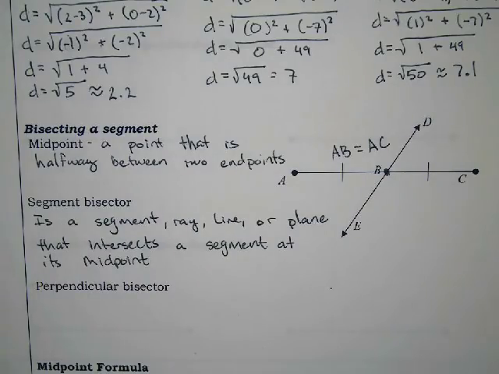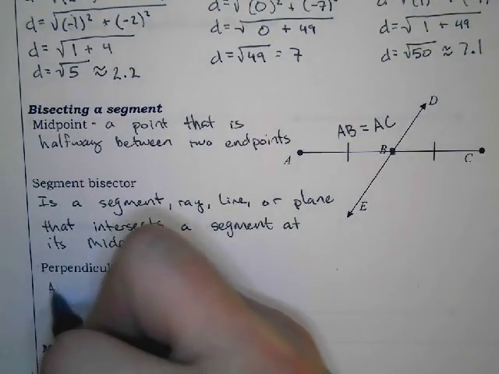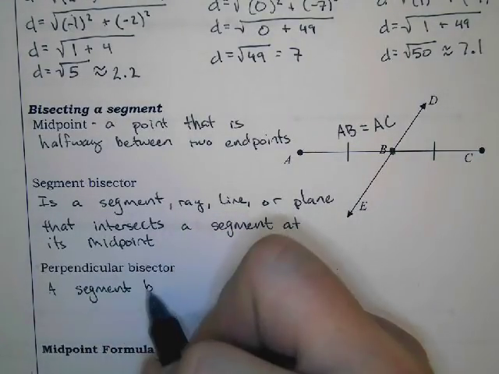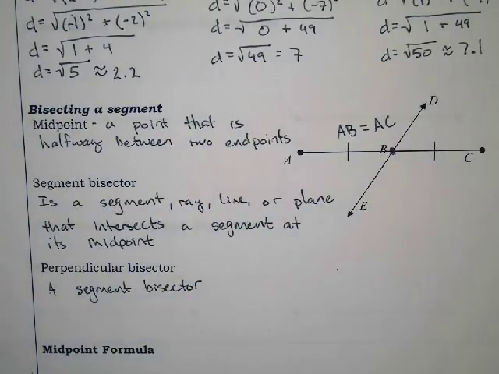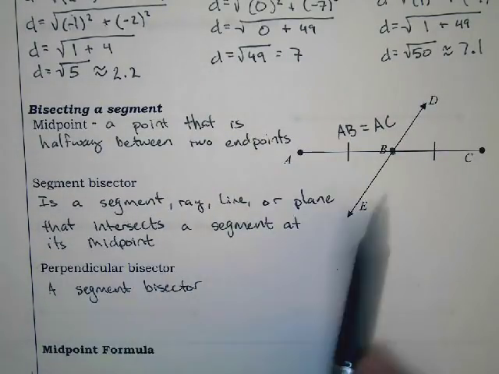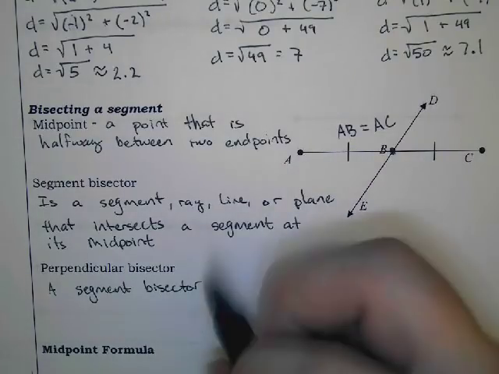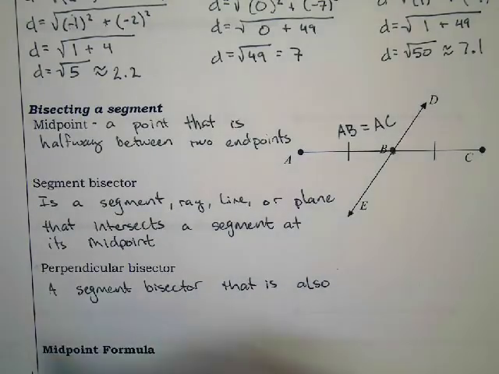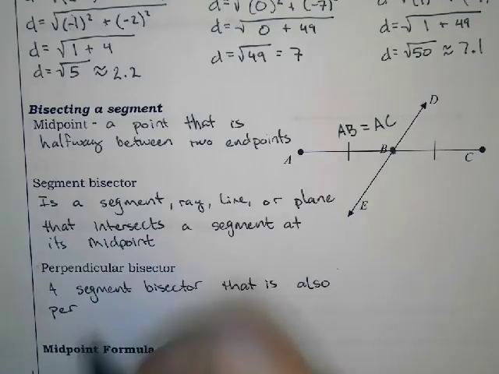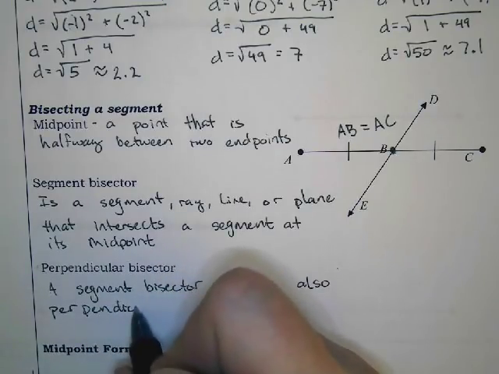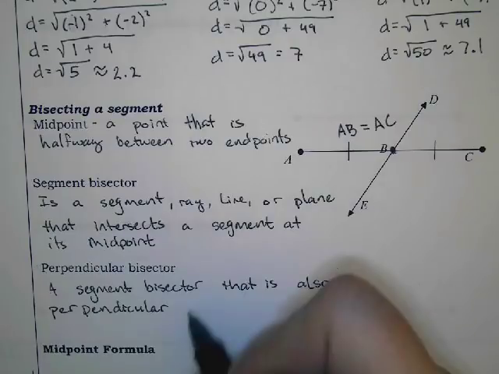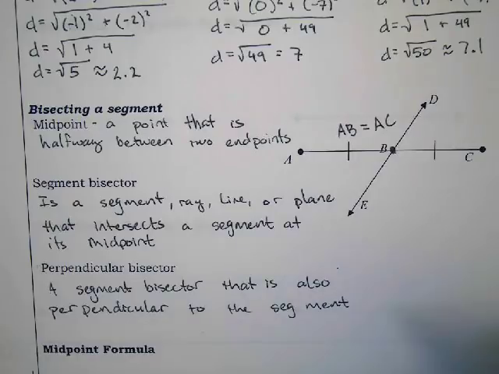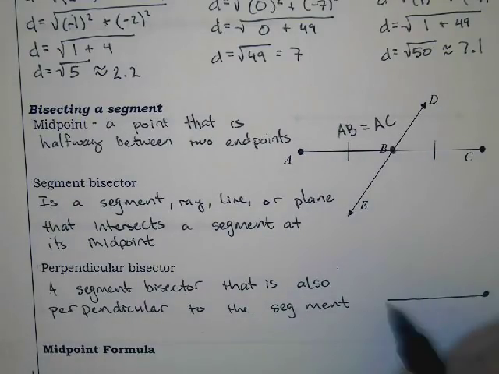A perpendicular bisector is a segment bisector. So it's any one of these things that's cutting a segment in half, but is also perpendicular to the segment. So say we had a line segment that looked like this.